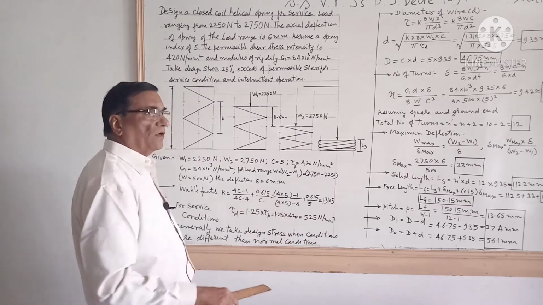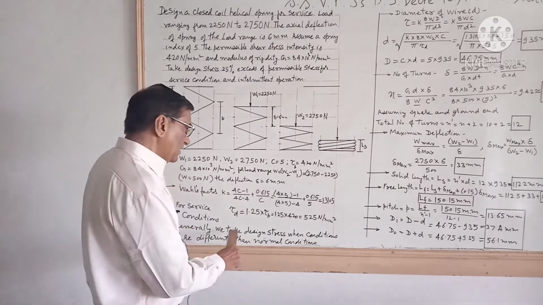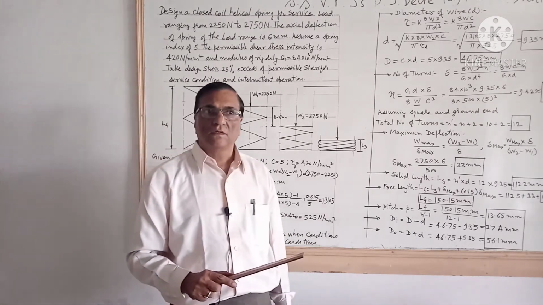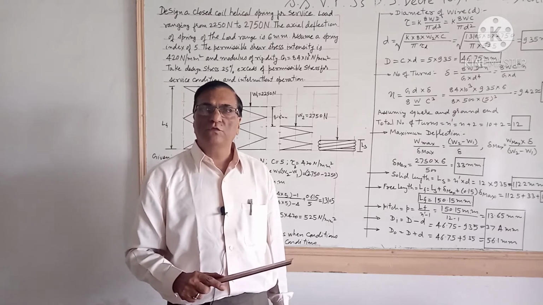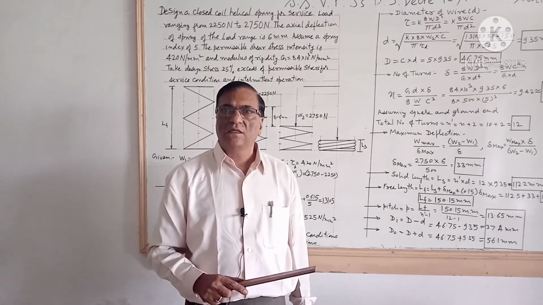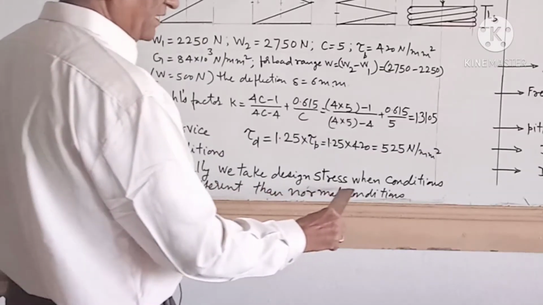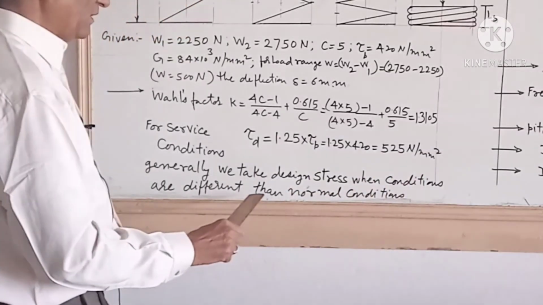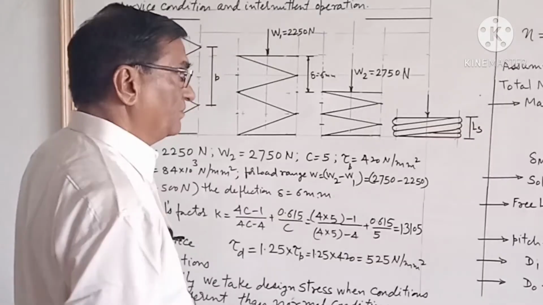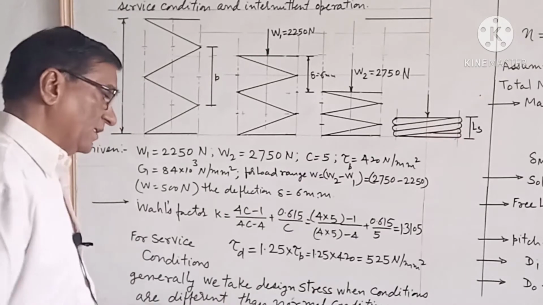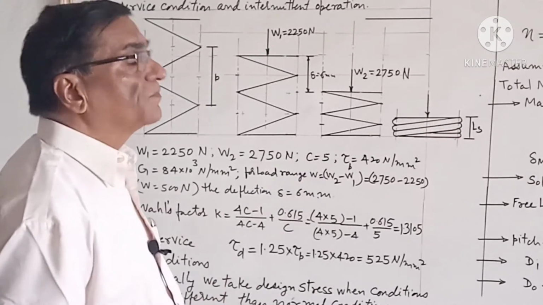Now we will determine all the dimensions for the design stresses. The design stresses are the stresses by which we determine all the design parameters. Generally, we take the design stress when the conditions are different than normal conditions. Here conditions are different from normal conditions, hence we take design stress.